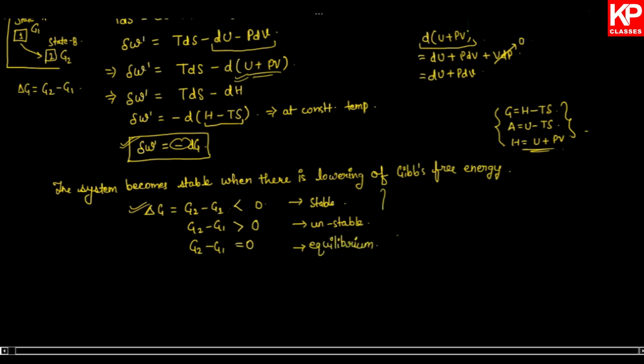Considering these three expressions, we have already considered a system to be a stable system. For this stable system, this delta G will definitely be a negative value, right? This dG or delta G is the same thing, and this negative sign is used to compensate for that negative value, because the non-mechanical work can never be in negative terms.